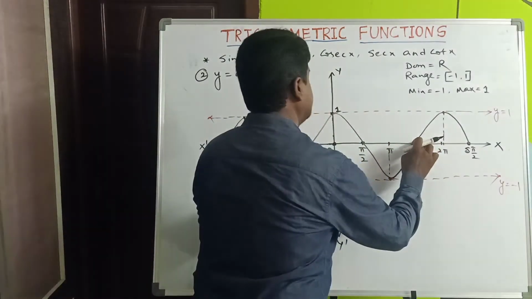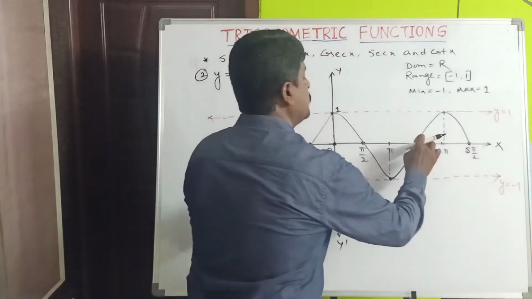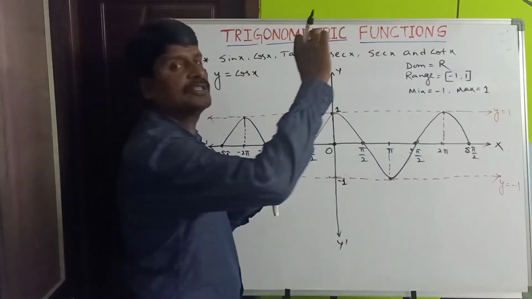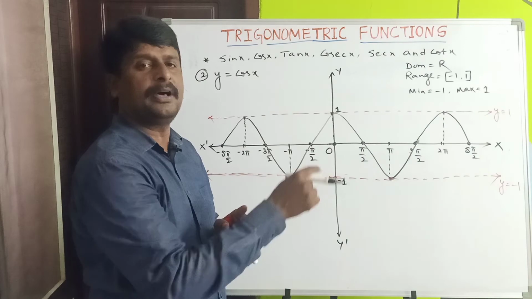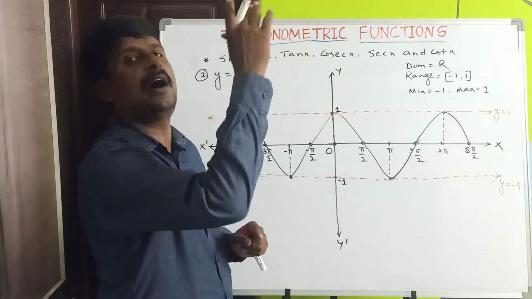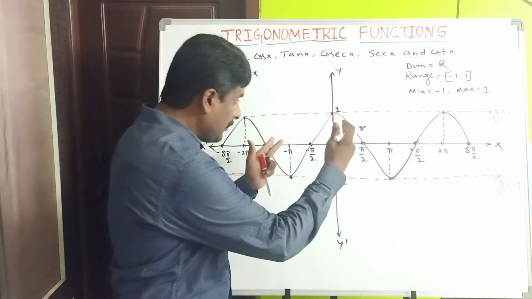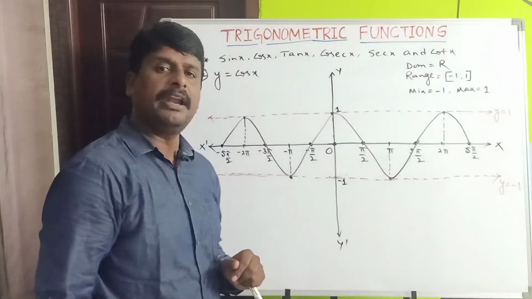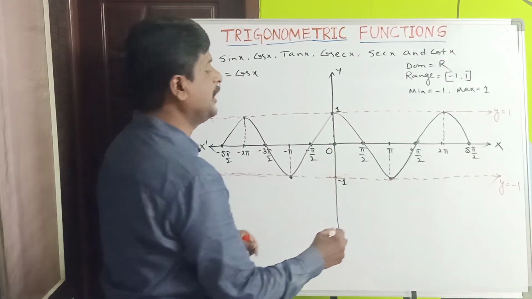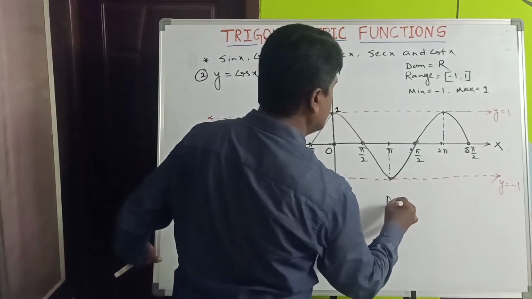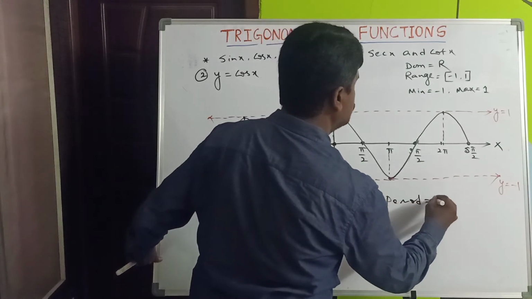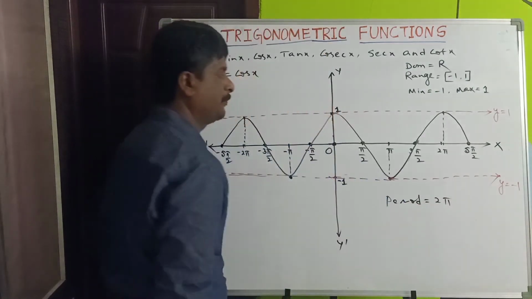After this stage, and before this stage, the same graph will be repeated every time: one upward parabola, one downward parabola. That's why cos x is a periodic function with period 2 pi. Its period is 2 pi.